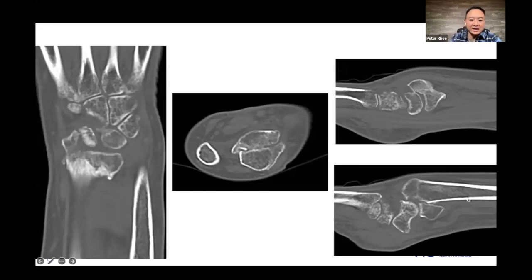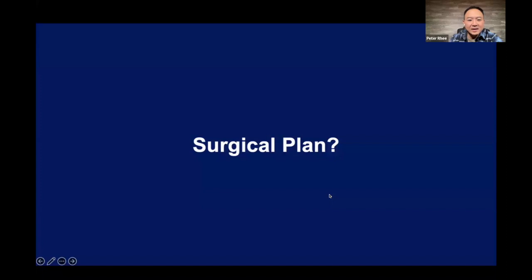The first thing I do for these scenarios is go to what I know is normal volar cortex and just chip away cautiously, and you'll know by tactile sense what's mature cortical bone versus this immature callus. That helped me then get this osteotome in here and do my osteotomy.